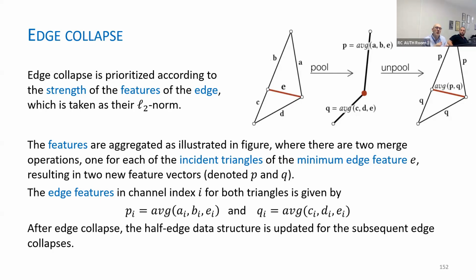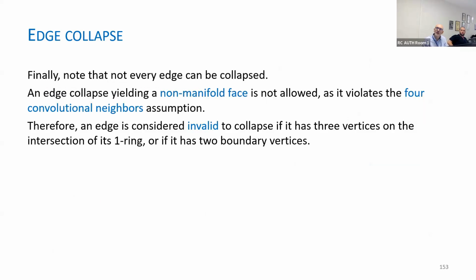This is interesting because it is something that maybe we have not seen in the other approach. And so in this way we can have several layers of convolution and edge collapse. Of course, in doing this, we have to maintain the property of the fact that the mesh is a manifold mesh.